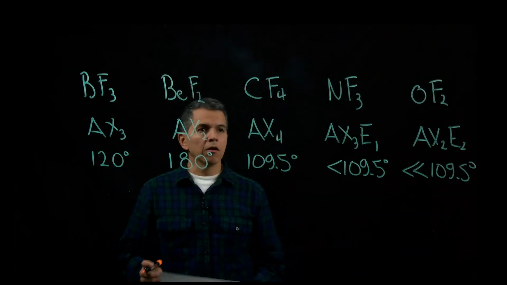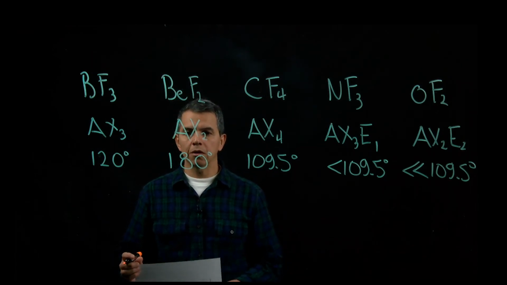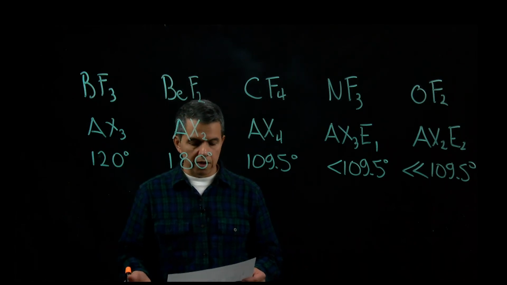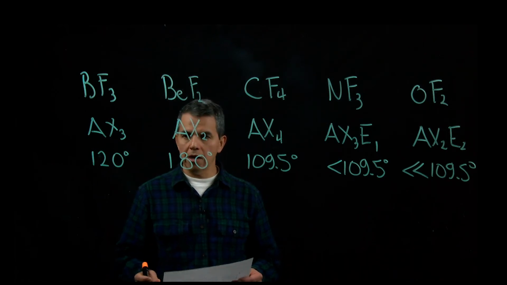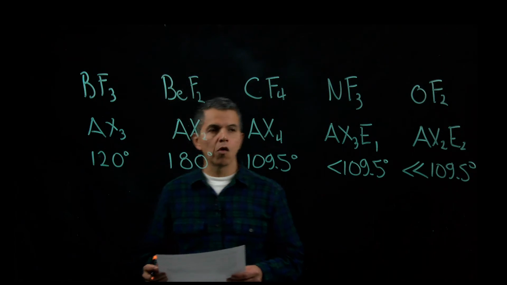This is a summary of the assignments of molecular shapes and the bond angles that we deduced from the previous analysis. Since part of this is assigning them in order of increasing bond angle, we can see that the smallest angle would be that for OF2.